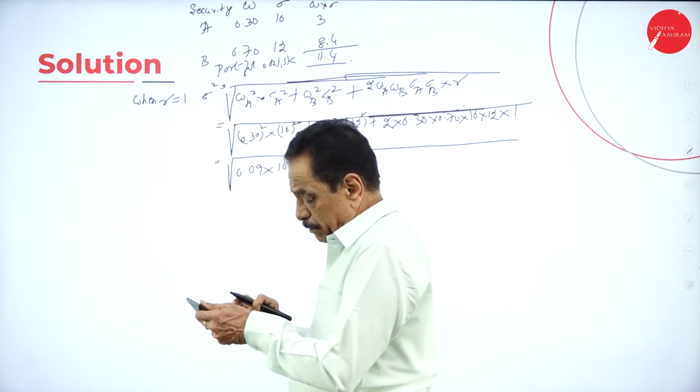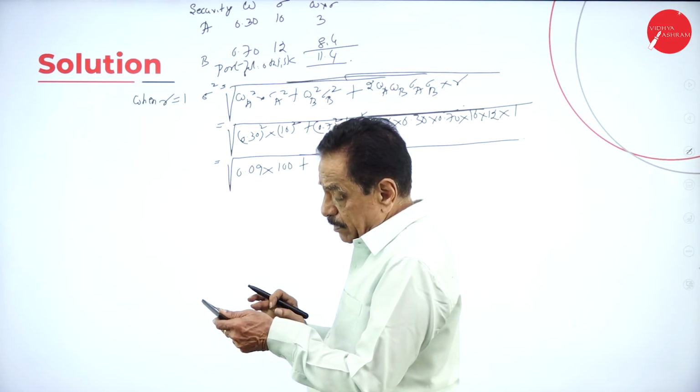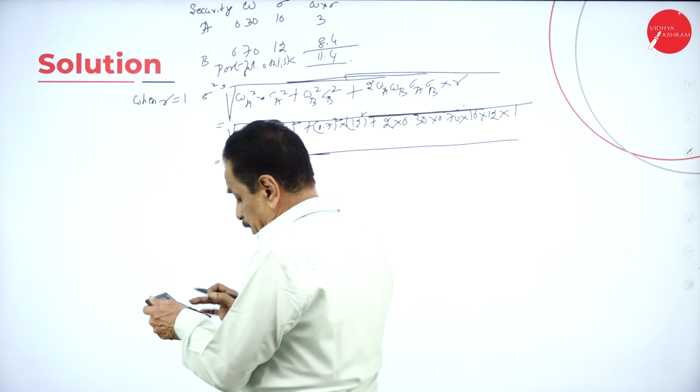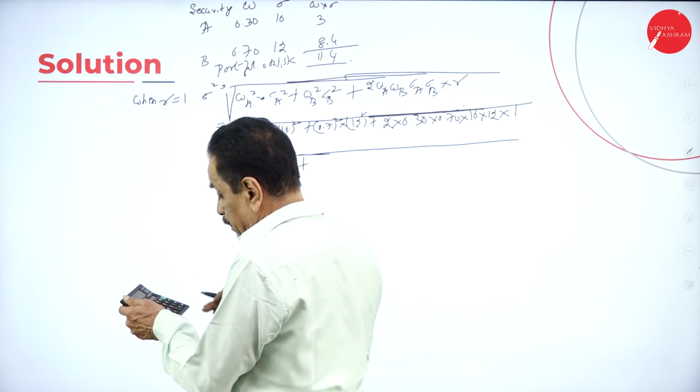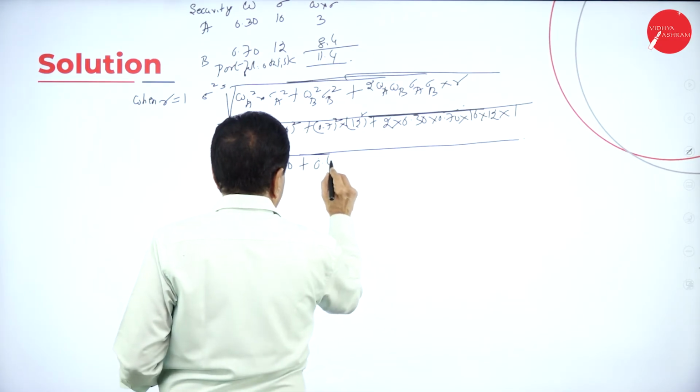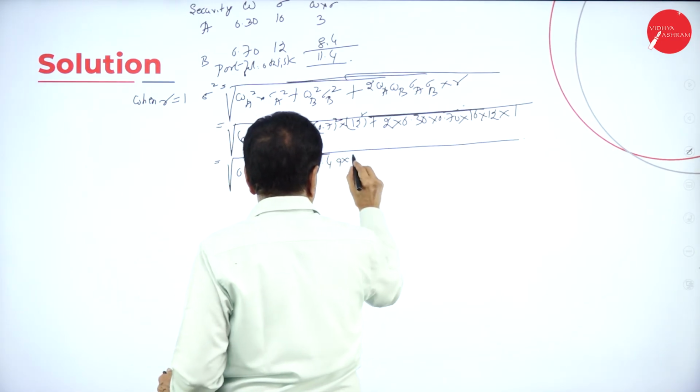This is 0.3 into 0.3. This is 0.7 into 0.7, 0.49. This is 144.